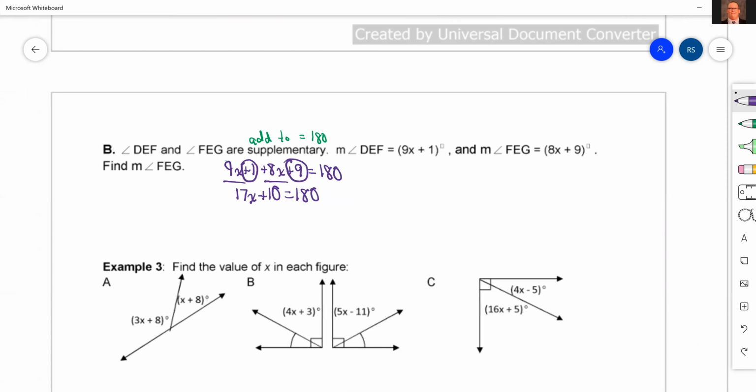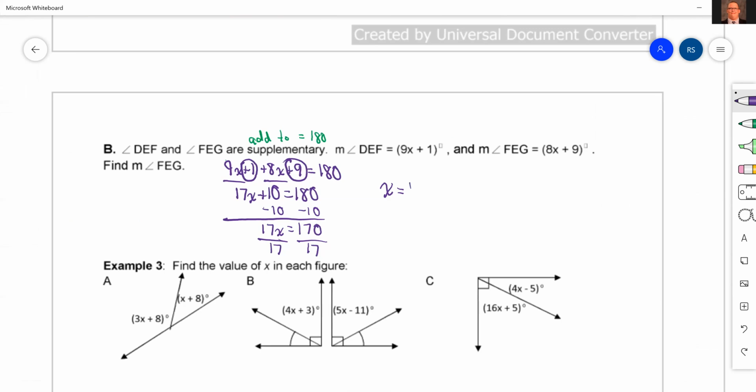Okay, so subtract 10. You have 17x equals 170. Divide by 17, and you get x equals 170 divided by 17, which is 10.